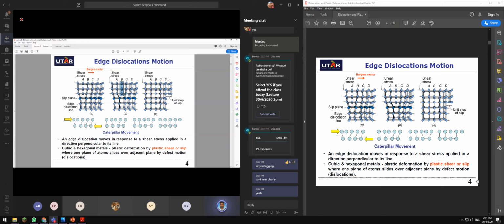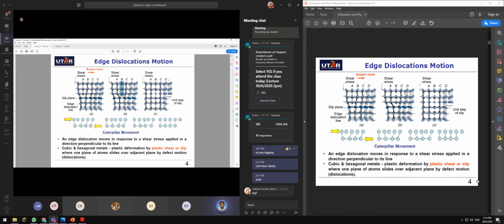You have an extra plane outside the region of your structure, and this plane cannot go back inside the structure. So this is the understanding of edge dislocation.